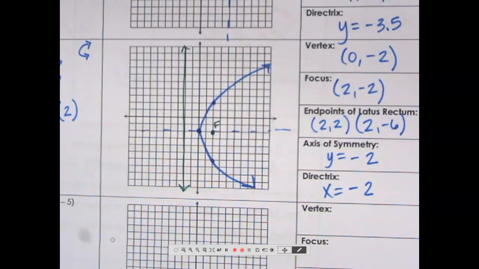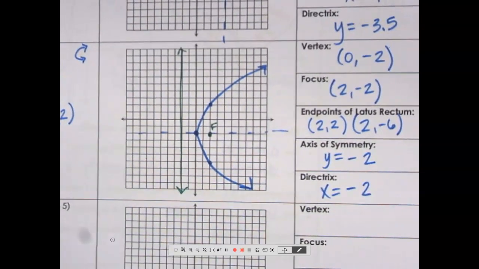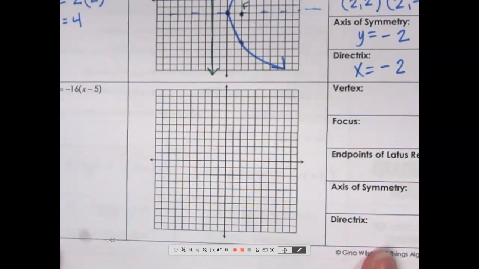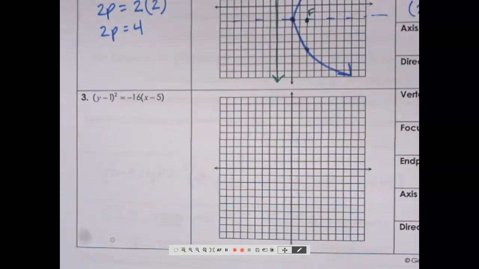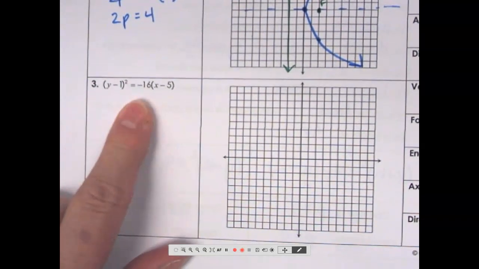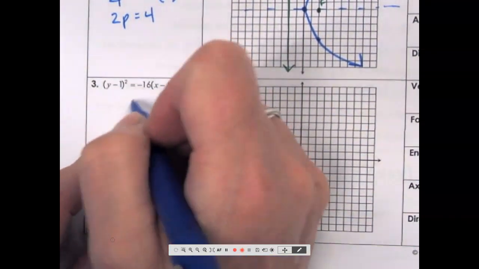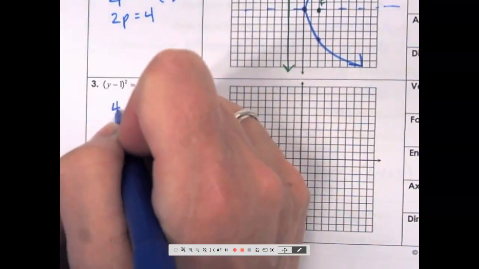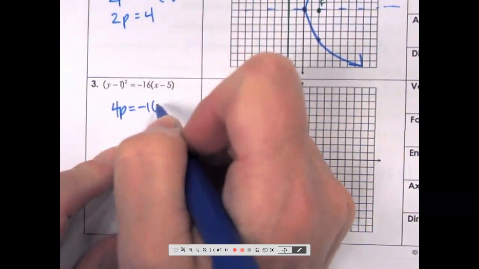Not too bad. Alrighty. Vertical or horizontal for this one? Up, down, left, right. Left, right, because y is the squared variable. Okay, if this is a negative 16 out here, that's 4p. So what is p?